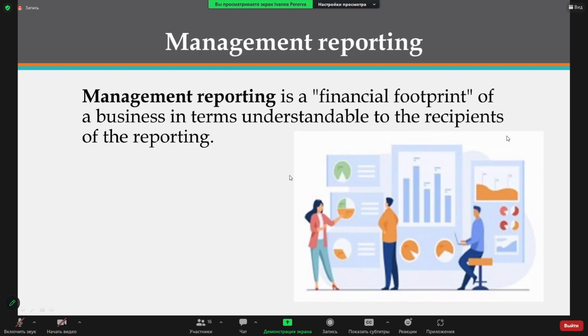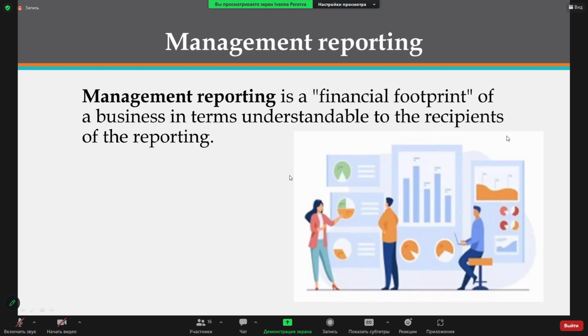But it does not matter what type of reporting we are using. The purpose of any reporting is a short information reference in numbers about the state of our assets, liabilities, or the company in general. And information in our reporting can be planned, of course.